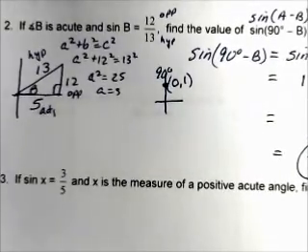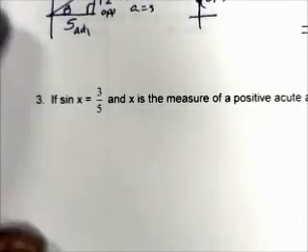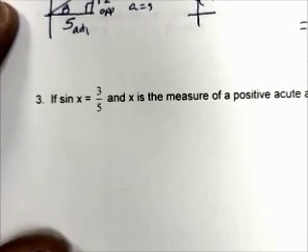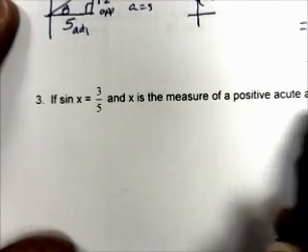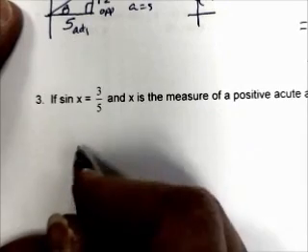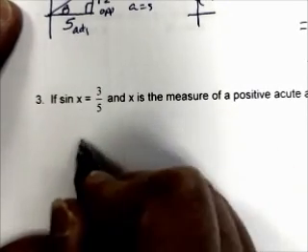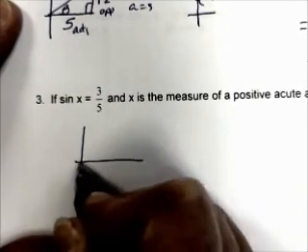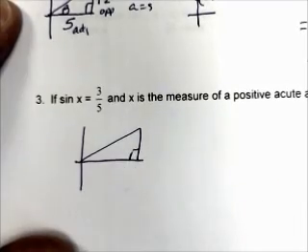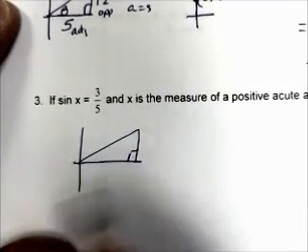Number 3, if sine x equals 3/5 and x is a measure of a positive acute angle, right, let's stop right there. Sine of x is 3/5 and we have another positive acute angle, so we'll draw a right triangle in quadrant 1.